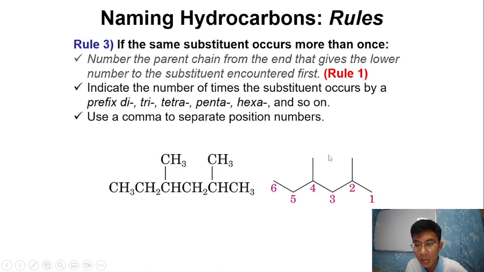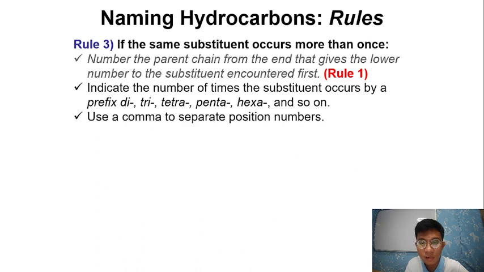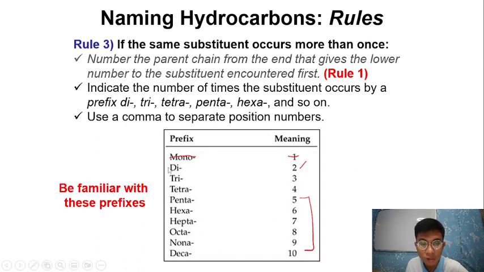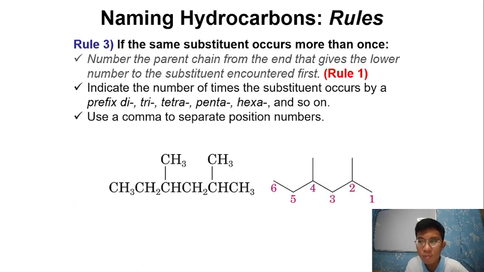Oh. Ngayon, dahil dalawang beses occur yung substituent na yun, gagamitin natin na prefix. So balikan nyo yung table. So this time, we will use di. Okay? So di.